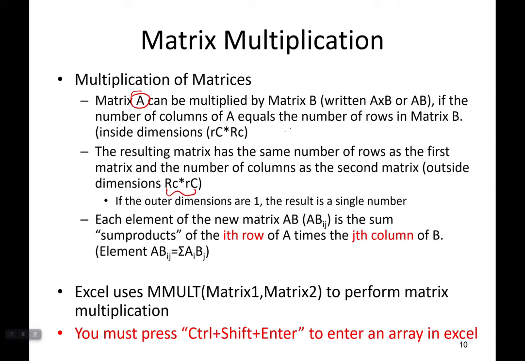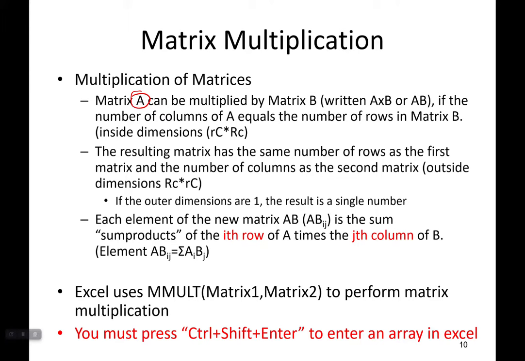So again, if I have a 2 by 3 as my A, and a 3 by 5 as my B, so my B has 3 rows by 5 columns, you can multiply them together, they have the same inner dimensions, and the new matrix is going to be a 2 by 5. Okay, so we haven't really talked about what multiplying together means, but I've determined that you can multiply two matrices together if they have the same inner dimensions, and the new matrix that you're creating will have the outer dimensions of the two. So what does it mean to multiply two matrices together?